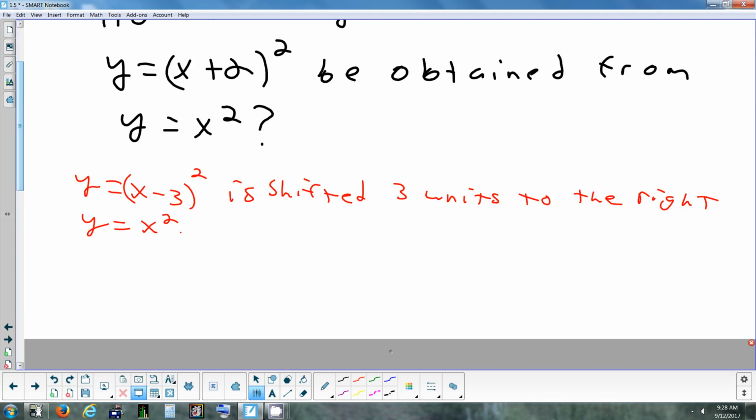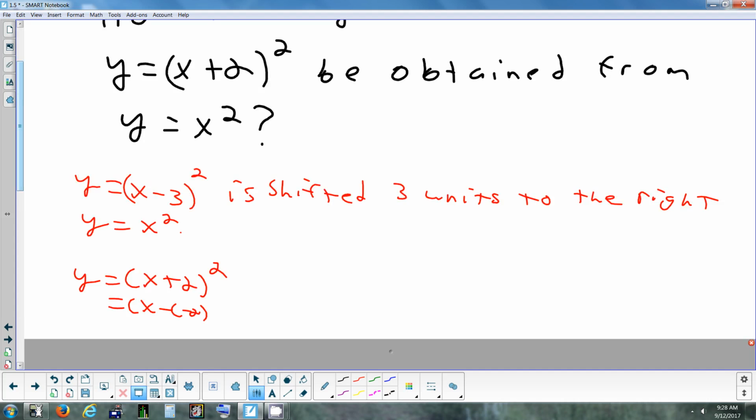Okay, and how about y equals x plus 2 squared? That's going to be shifted which way? Yeah. It's going to be shifted left. So again, if you think of this as the number after the minus sign, the way I would think of it is like this.